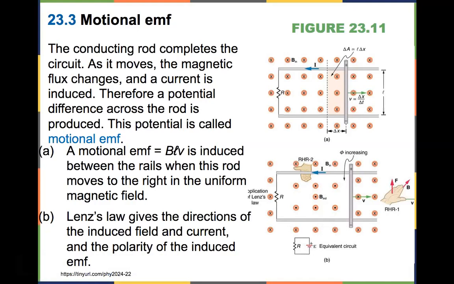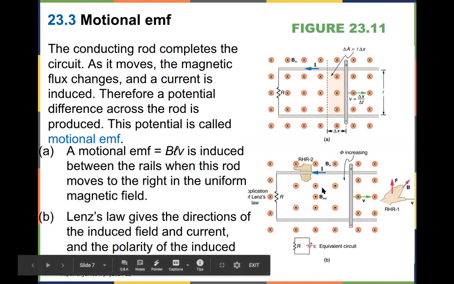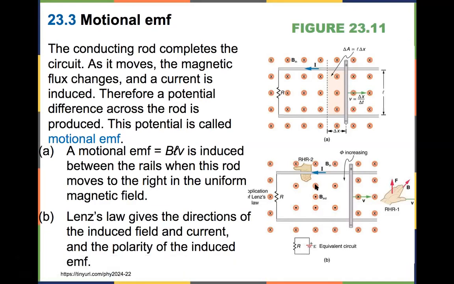So your induced magnetic field should be out of the screen, to oppose that increase in phi. Right-hand rule 2 tells you that if you curve your four fingers in the direction of the induced magnetic field, then the thumb is in the direction of the current. So the current will be towards the left in this case.